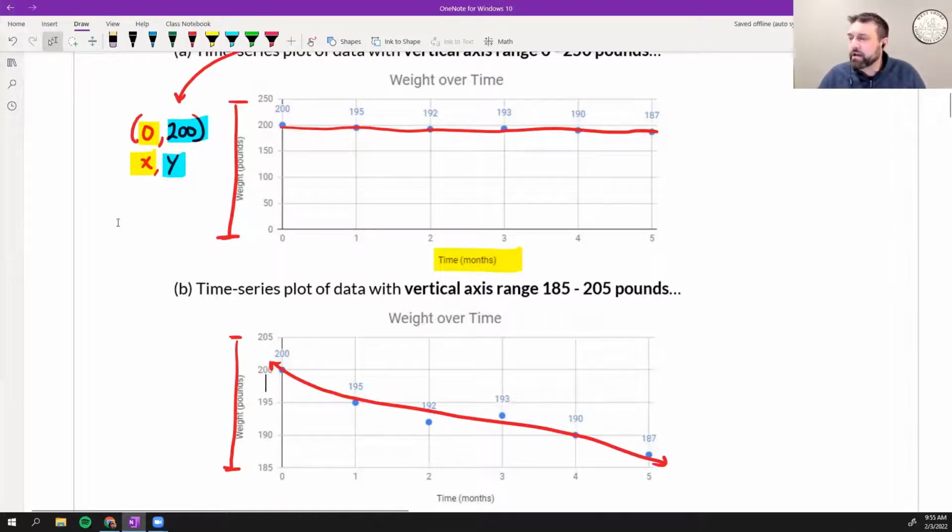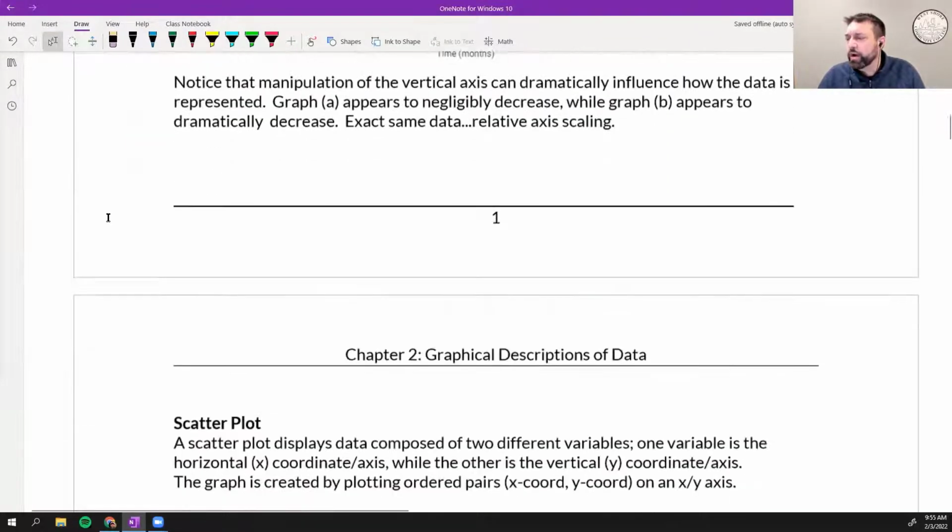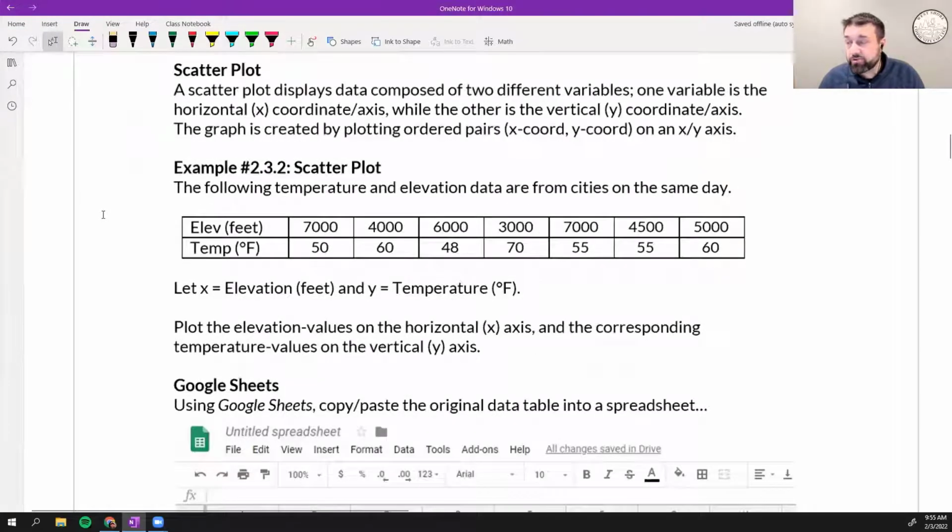Important concept. So now what if we break away from the time series graph and just do 2 variables? Here's an example of that. Let's say we go to a state and measure the elevation and the temperature of different cities in that state. Here's the elevation in feet: a city at 7,000 feet above sea level, 4,000 feet, 6,000 feet.